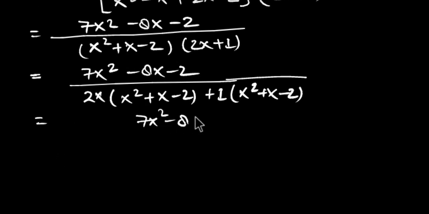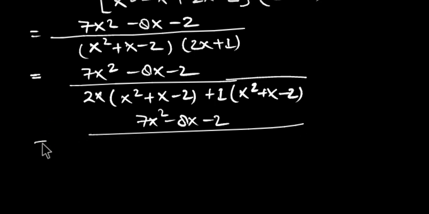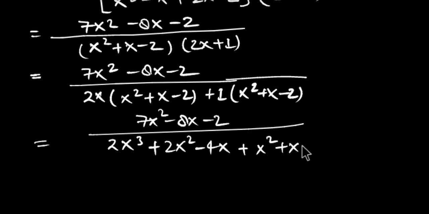Now we have 7x square minus 8x minus 2 as the numerator upon the denominator, with 2x multiplied inside, so it is 2x cube plus 2x square minus 4x, plus x square plus x minus 2.